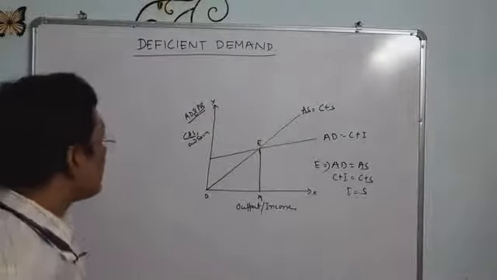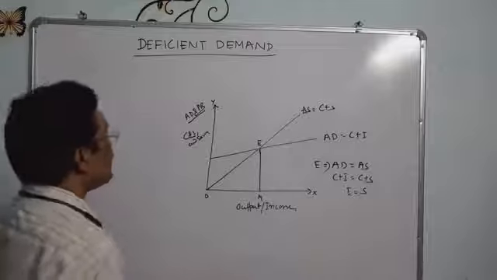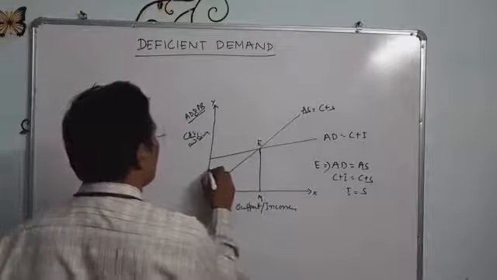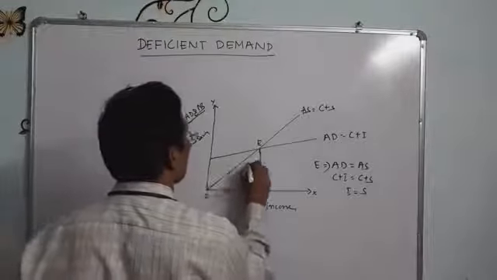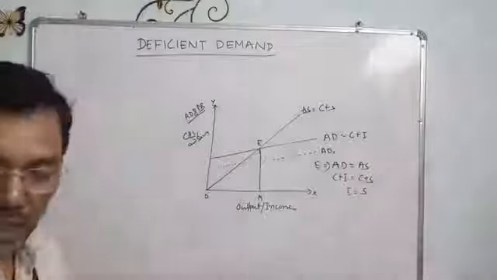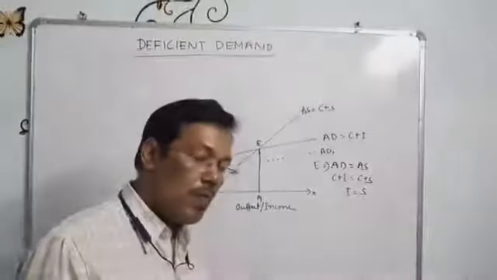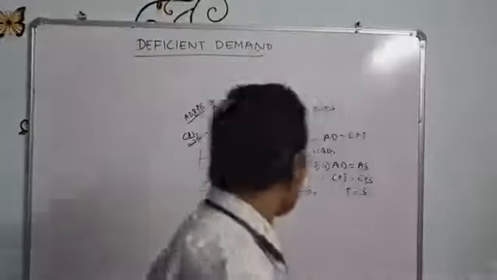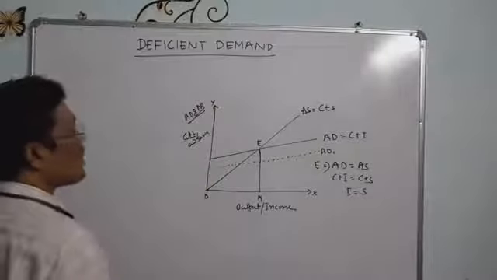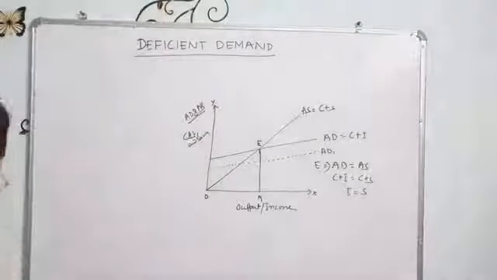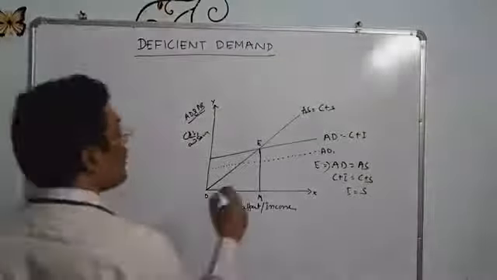So far as deficient demand is concerned, if I draw this line, this is called AD dash. I draw the line, that is AD dash. So in this AD dash case, G is a point, this point.